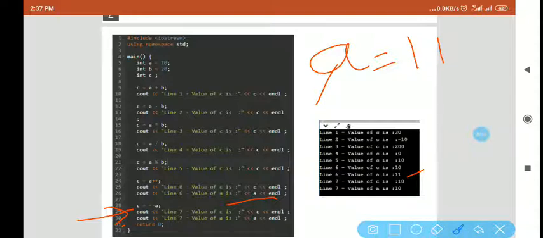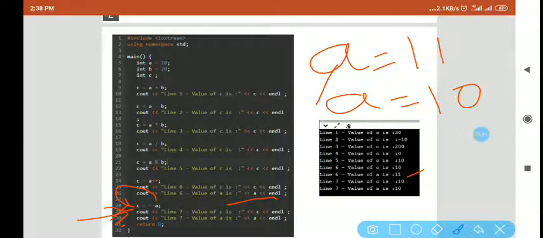In pre decrement the value is decreased by 1, first decremented and then stored into c. After decrementing, the value is 10, and that is stored into c.